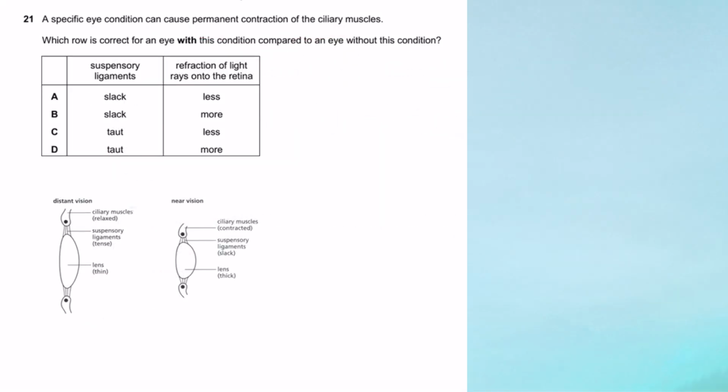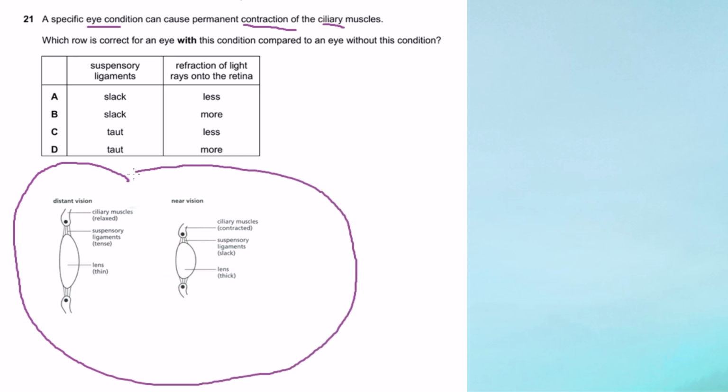The next one here, I actually added something that wasn't in the paper. Because we are told that we have a specific eye condition that causes a permanent contraction of the ciliary muscles. I just took this and added it here from the syllabus because we need to remember this one.